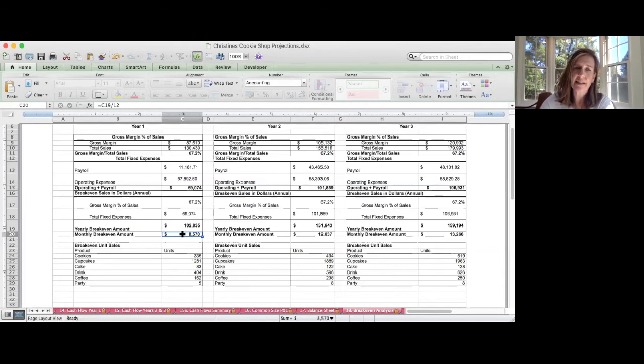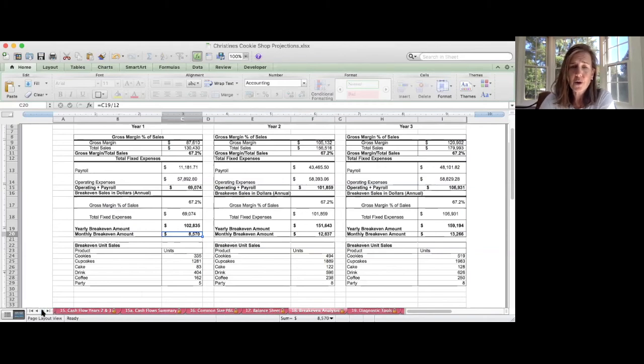You can use this as something to strive for, but also as a sanity check: does this seem reasonable to get to? Does the cost structure match the opportunity in front of us? What this says to me, for my bake shop, is: am I able to make $8,570 on a monthly basis? Because that's what I'm going to need to break even.